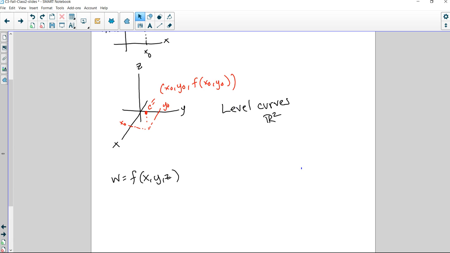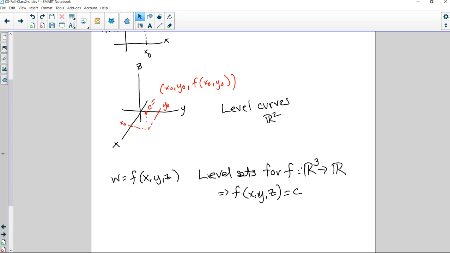Let me write this correctly: the level sets for this function, which is a mapping from R3 to R, means we're looking at all x, y, z values that give a constant value.